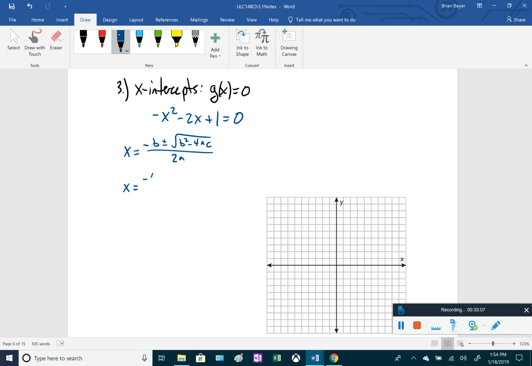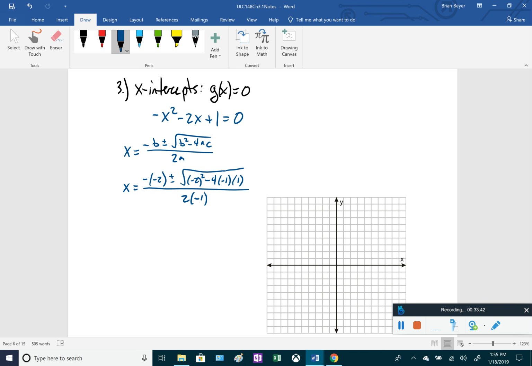So it's going to be -(-2) plus or minus the square root of (-2) squared minus 4 times -1 times 1, all over 2 times a, which is -1. So definitely use parentheses. It'll hopefully make it so you don't make a silly mistake. And a little tip: b squared is always going to be positive, because when you square something, it's always positive. So keep that in mind to make sure you don't accidentally have a negative value.